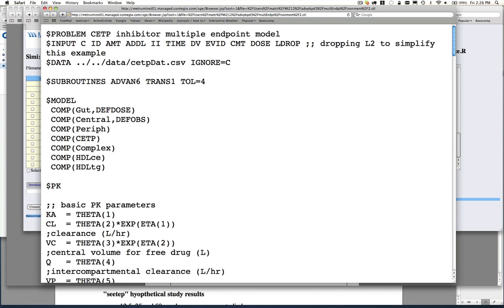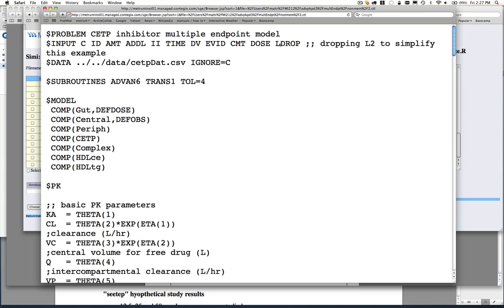For example, the PK and the CETP inhibition were always taken at the same time. And then the HDL cholesterol and the plasma concentrations of CETP were also not taken as frequently, but when they were taken, it was at the same time as PK. And so within the data set is an L2 data item to allow for accounting of that.